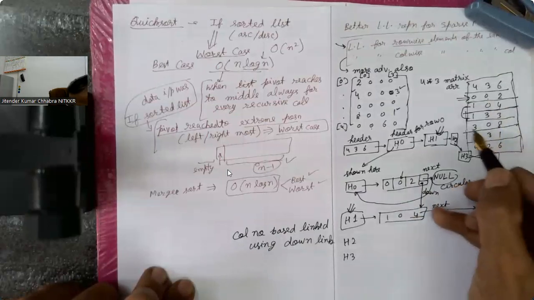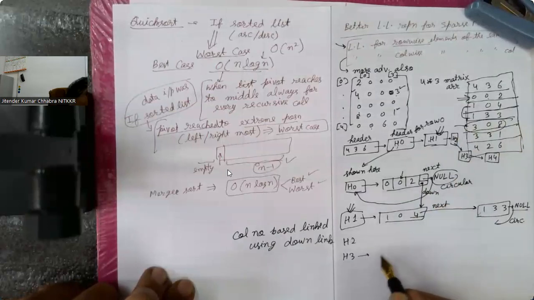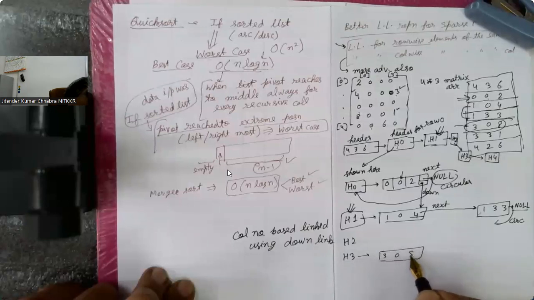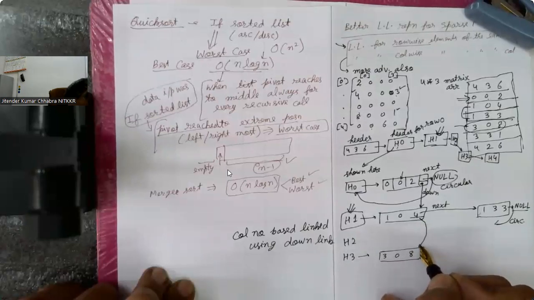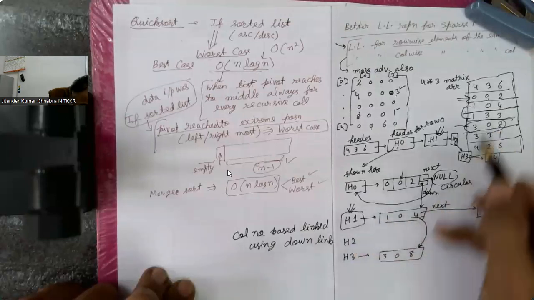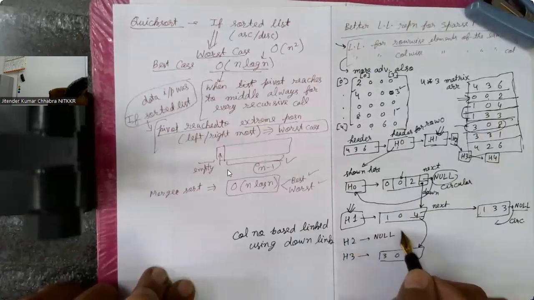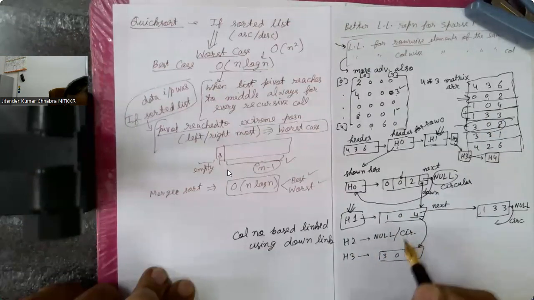Column number 0 has another entry 308. So with H3, that 308 was going to come here, 308, and this will be linked with this. H2 had no entry for this, so this list is null or circular as per requirement.